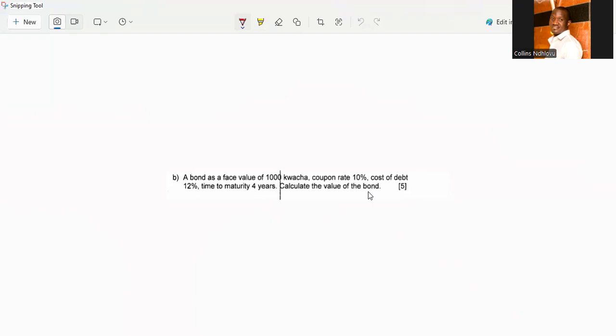So what do we have in there? The 1,000 is what? 1,000 face value. What else are we given? 10% is what? R 10%. Which R is that? There are 2 rates there.